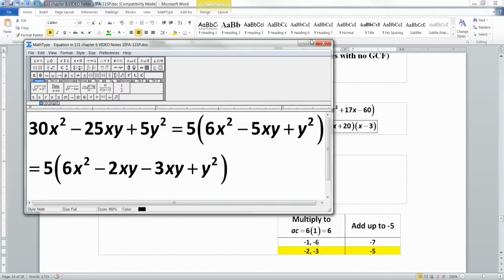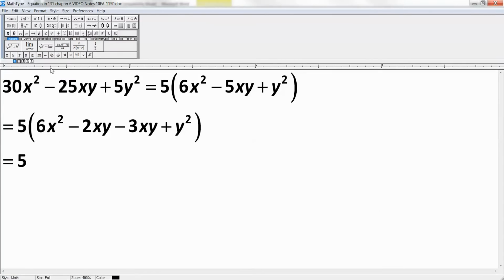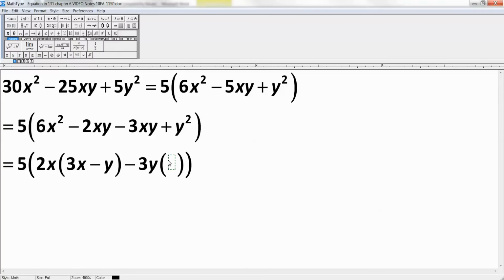I can say, well, let's see, that's 5 in front. We don't care about that part. Then you look at these first two terms. They both have a 2 and an x that can be taken out. So 2x, that leaves you 3x minus y, because y times 2x is 2xy. Minus, because I need this to turn into positive 3. Oh gosh, I'm losing my brain.